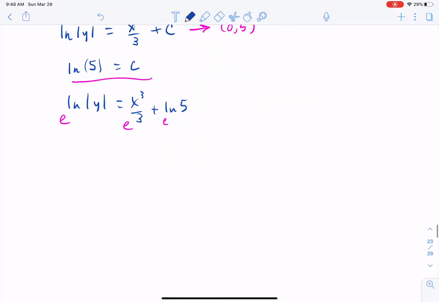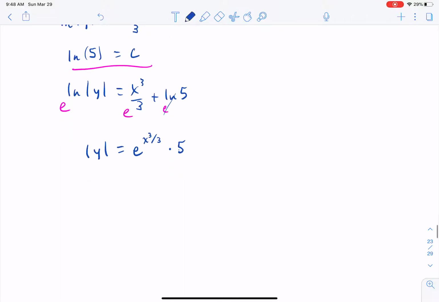And I would have e to the natural log of the absolute value of y cancels out, leaving me with the absolute value of y is equal to e to the x cubed over 3 times, let's see, e to the natural log of 5 is going to cancel out, leaving me with just times 5. Right? And there's no plus c on this one. I already solved what that plus c is.